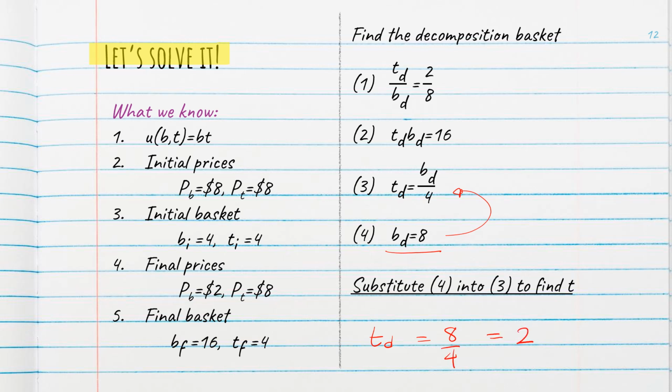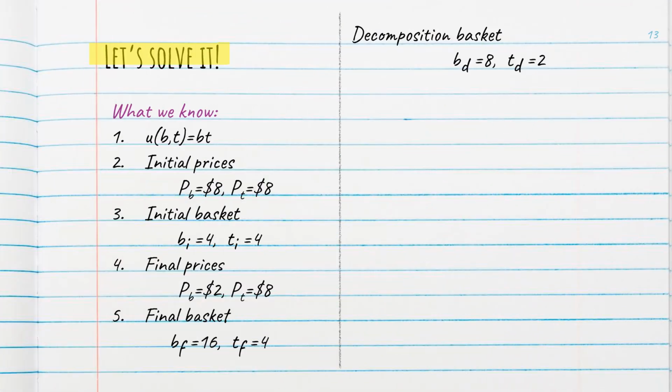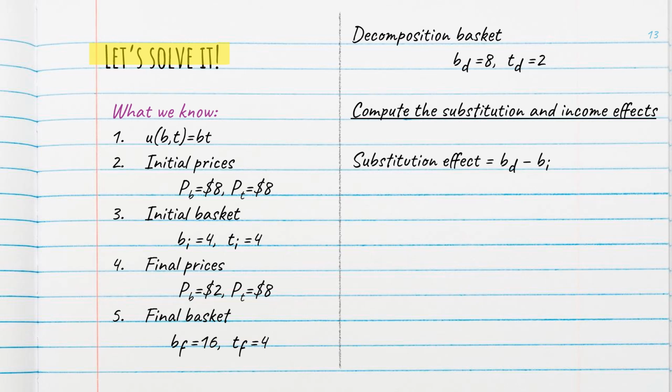So we've done a lot of work, but we're really not quite done because all we've done is found the decomposition basket, so we still need to subtract appropriately. In order to find the substitution and income effects, we need to execute the appropriate subtraction. In particular, the substitution effect is the difference between the decomposition basket and the initial basket.